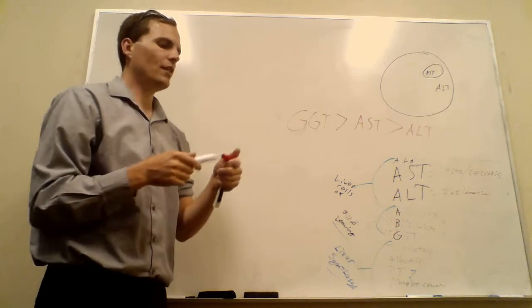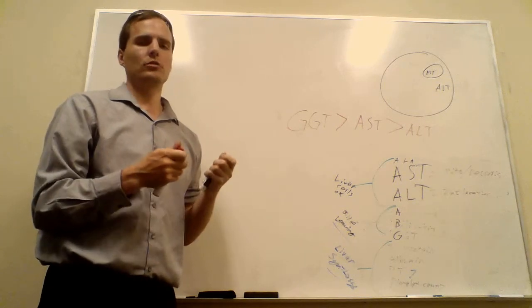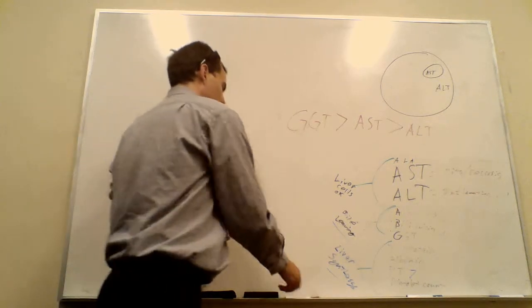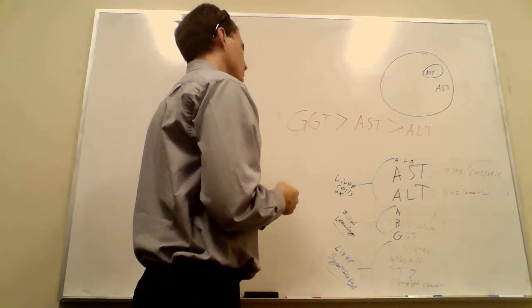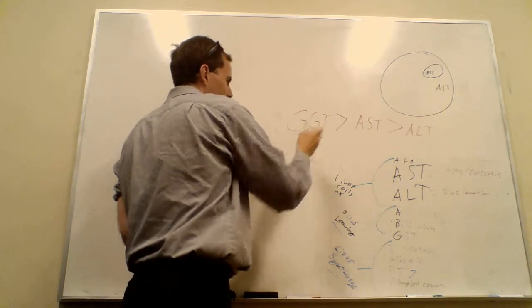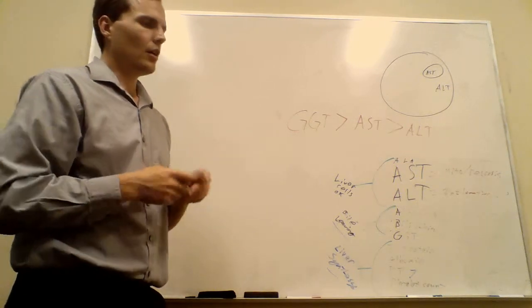This pattern is very characteristic of alcohol liver inflammation. So alcoholic hepatitis. So with the GGT, this is called gamma glutamyl transferase.